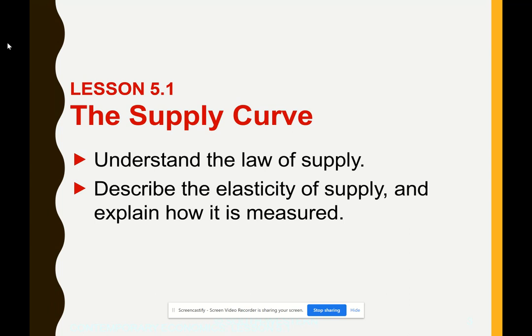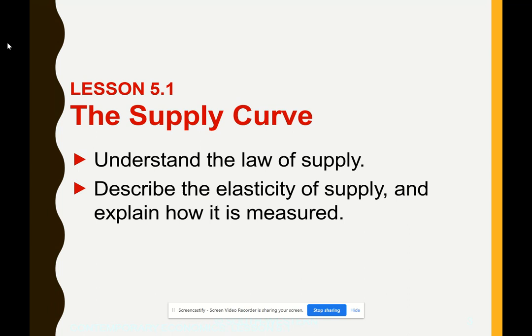When we talk about elasticity of demand, we're talking about how responsive the quantity demanded is to a price change. It's the percent change in the quantity demanded divided by the percent change in price. If we remember this, we remember we calculated it.